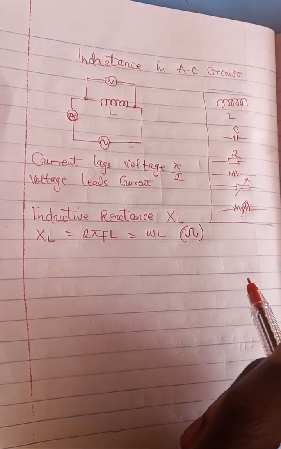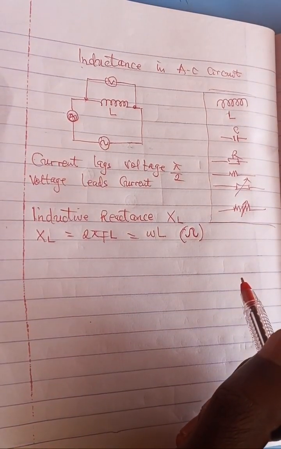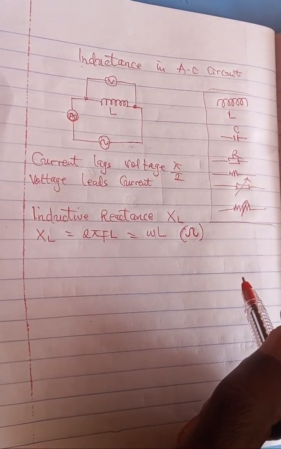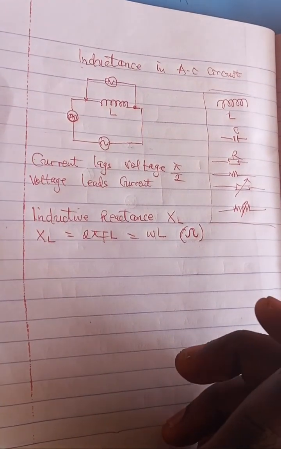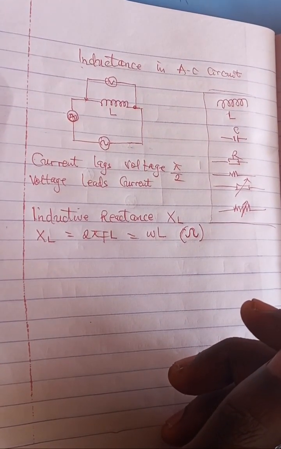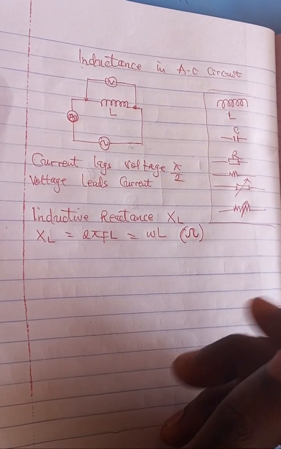In the next video, we'll be taking a look at the RLC series circuit. That is a circuit that contains resistance, inductance, and capacitance in series.